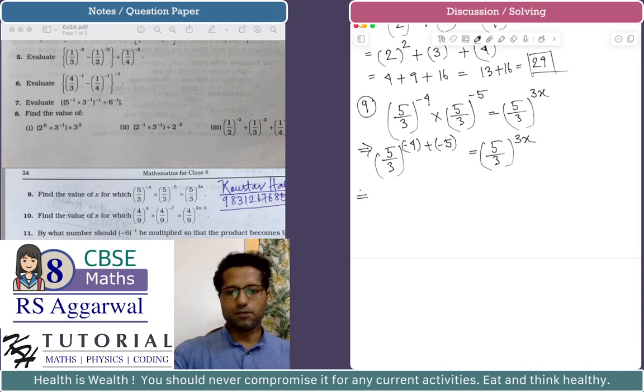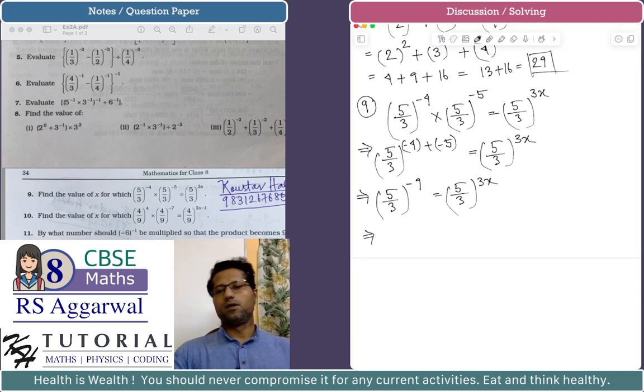So this implies we have 5 by 3 raised to the power minus 9 is equal to 5 by 3 raised to the power 3x. So this implies if we have equality, if two numbers which are in exponential form are equal and their bases are same, this will imply their powers or exponents or index will also be same.